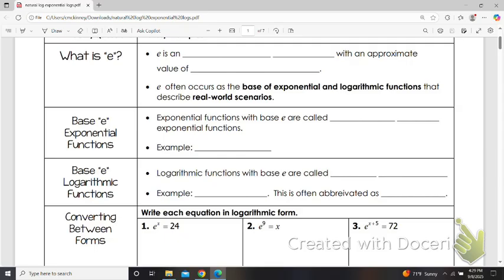So you might have seen something with the letter E or noticed this scriptish E on your calculator. And that E is in some ways similar to pi because it is an irrational number.